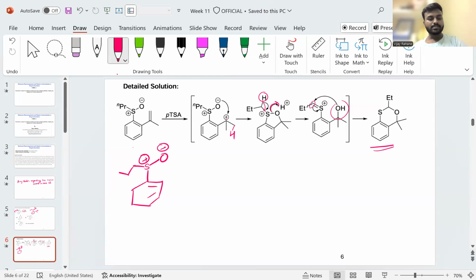The bond polarization looks like this, and in parallel, the reaction of this double bond abstracts the proton. This proton comes from the PTSA, right?